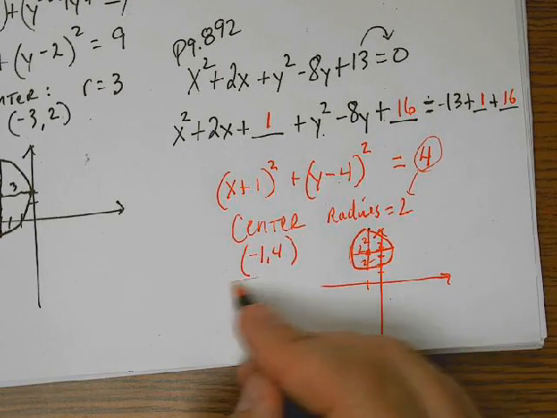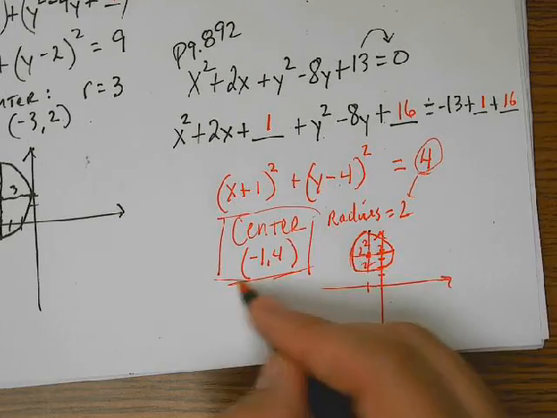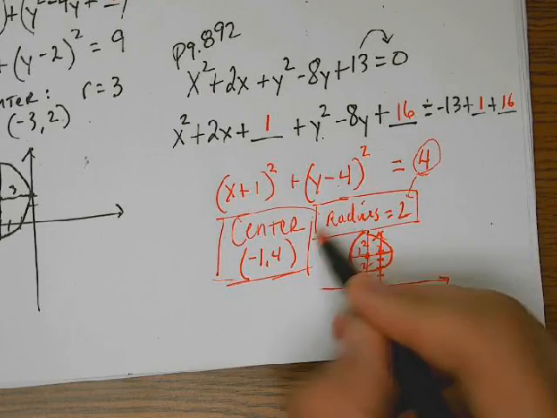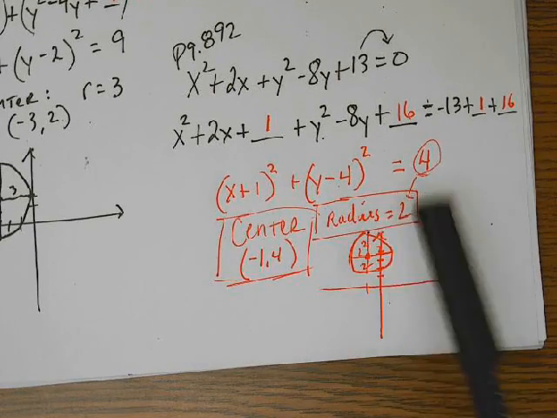Did you guys get it correct? The center is negative 1, 4, and the radius is 2. If you didn't, check your math.